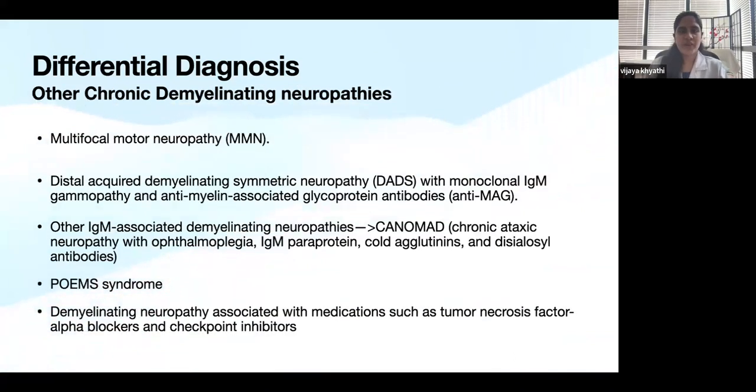Other demyelinating neuropathies that need to be ruled out are multifocal motor neuropathy, distal acquired demyelinating symmetric neuropathy with monoclonal IgM gammopathy and anti-MAG, chronic ataxic neuropathy with ophthalmoplegia, IgM paraproteins, cold agglutinins, disialosyl antibodies, POEMS syndrome, and demyelinating neuropathies associated with medications such as TNF alpha blockers and checkpoint inhibitors.